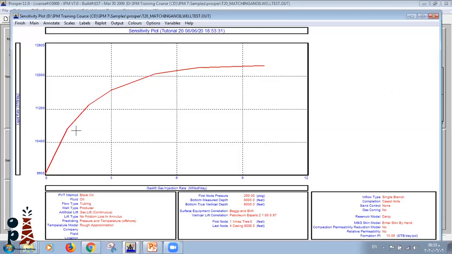As we see, at the beginning, increasing the injection gas will increase the liquid rate, then there is not much increase in the liquid rate. On the contrary, it will begin to decrease.